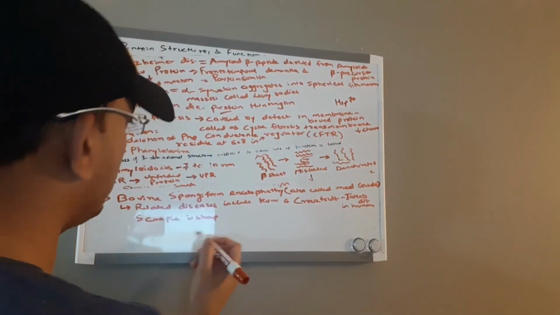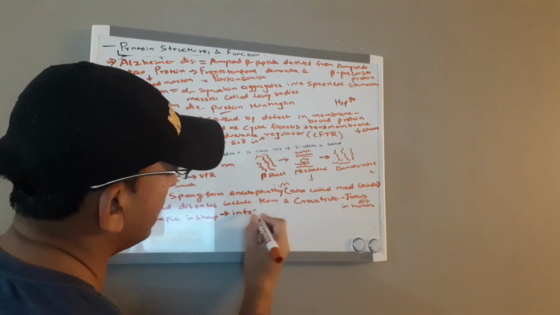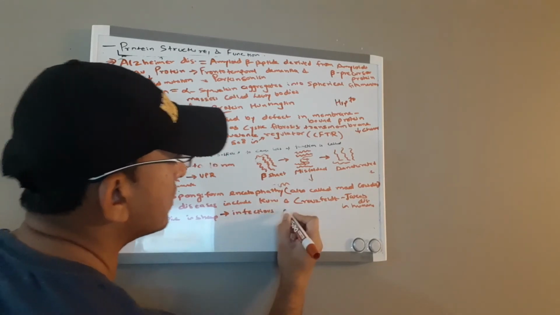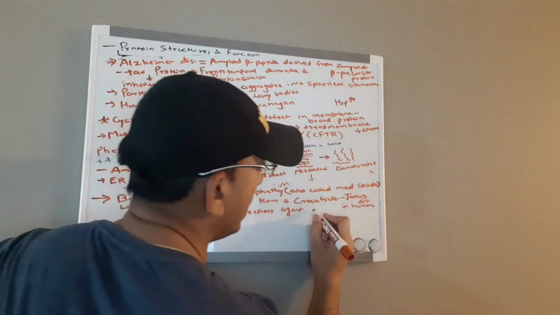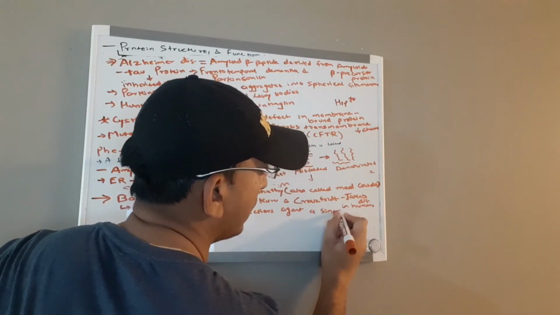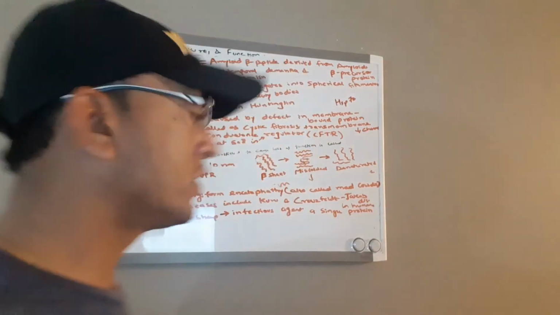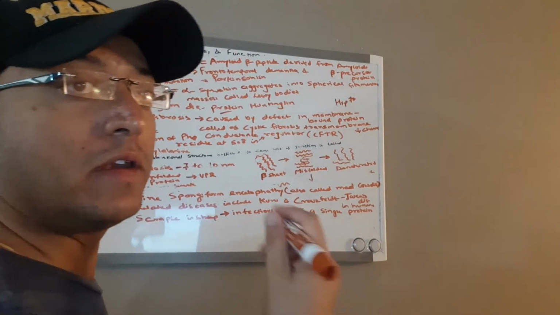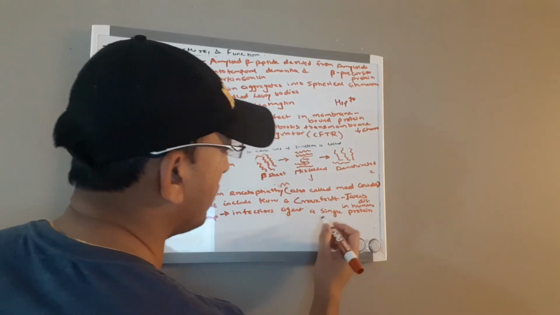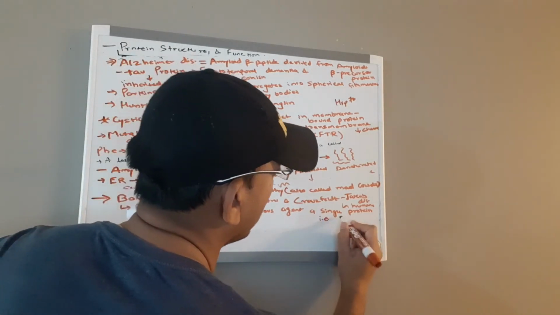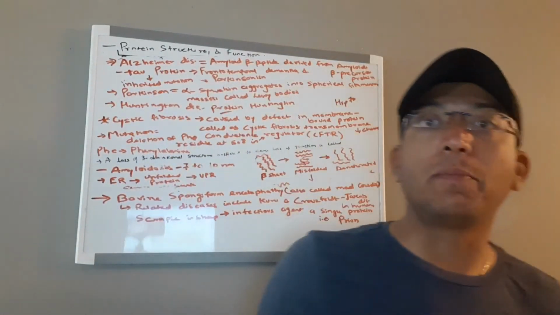The infectious agent is believed to be a single protein, which has been named prion by Stanley Prusiner.